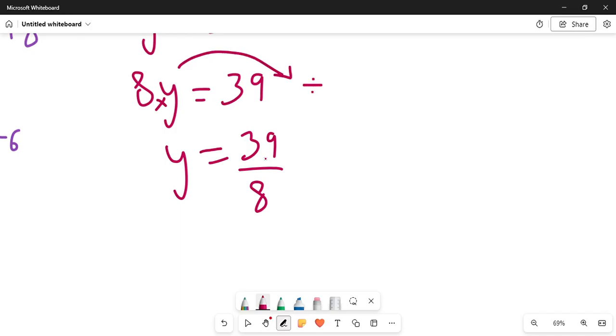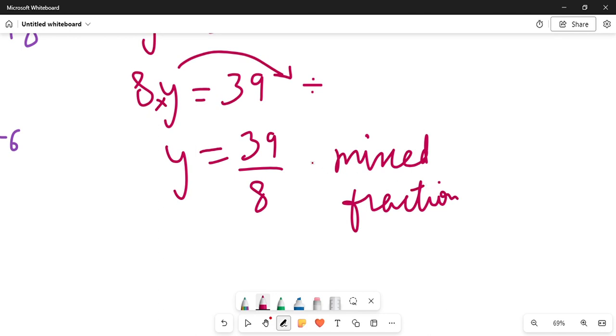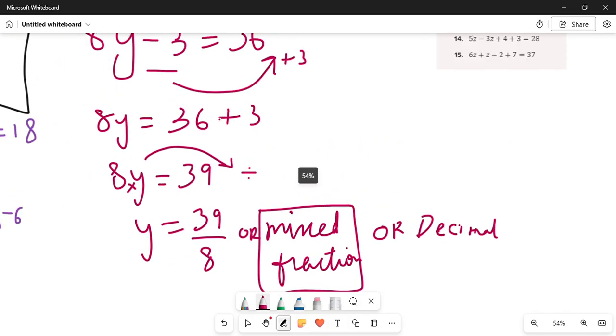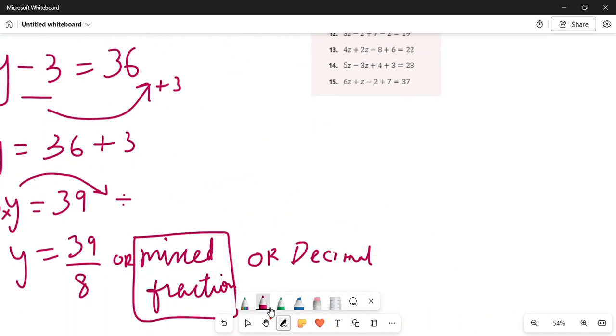You can write it as an improper fraction, where the numerator is greater than the denominator, or you can change it into a mixed fraction or a decimal. All the ways work, but the most preferred one is the mixed fraction. So let's move on and do the next question.